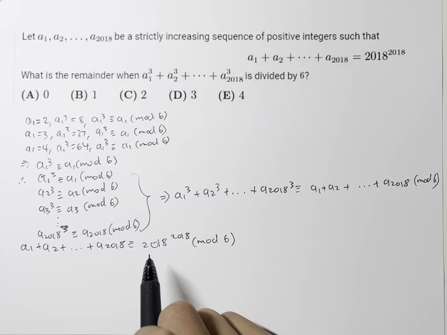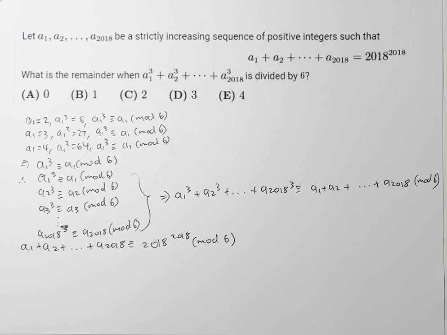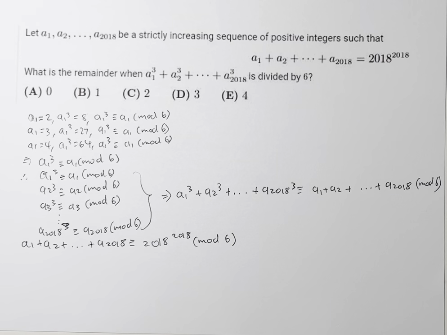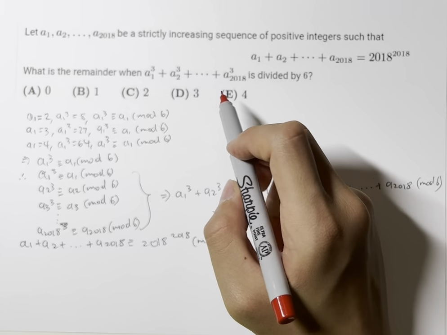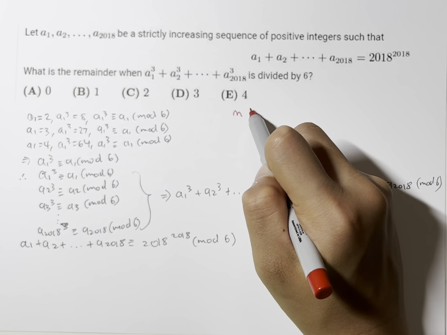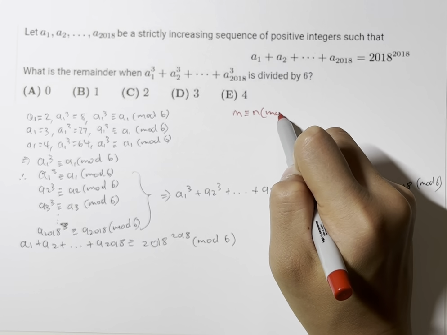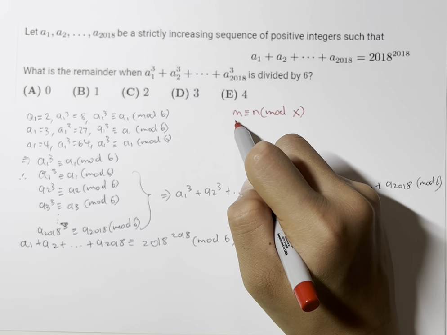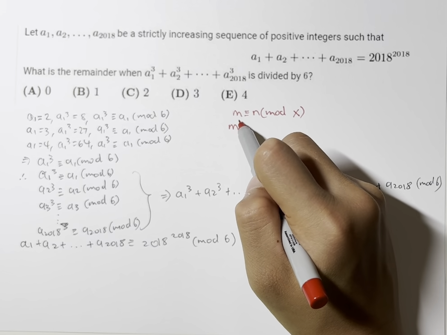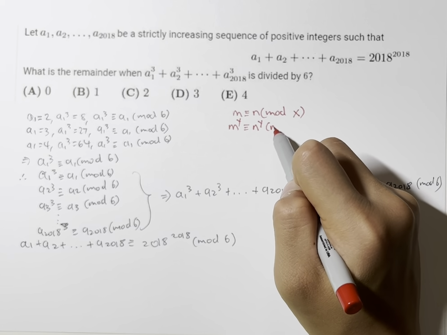And now we have a huge number in front of us. So let's try to use reduction to reduce this one. And here's when you have to use an important congruence modulo identity. If you have M congruent to N mod X, then M to the Y power will be congruent to N to the Y power mod X.